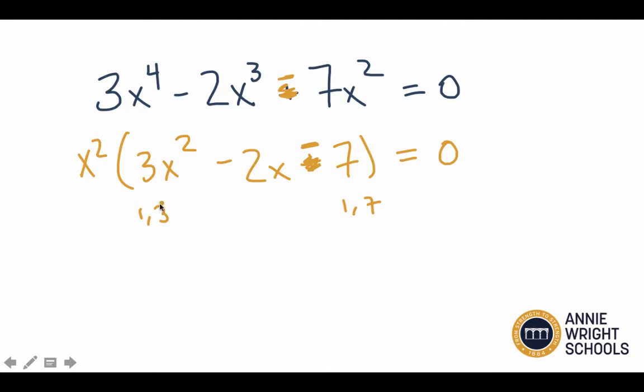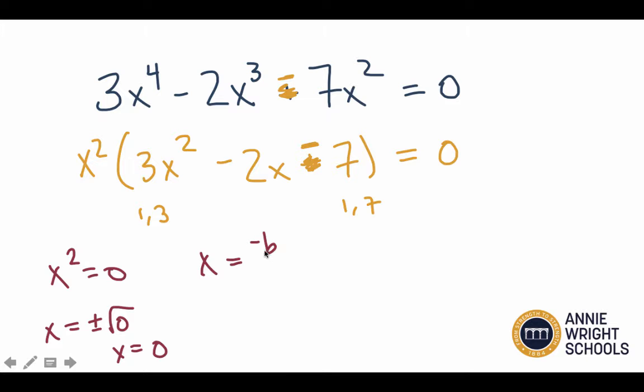But now what you can do is use the zero property. x squared equals 0. That means x equals plus or minus the square root of 0. So x equals 0. There is no positive or negative 0. So that's one solution.